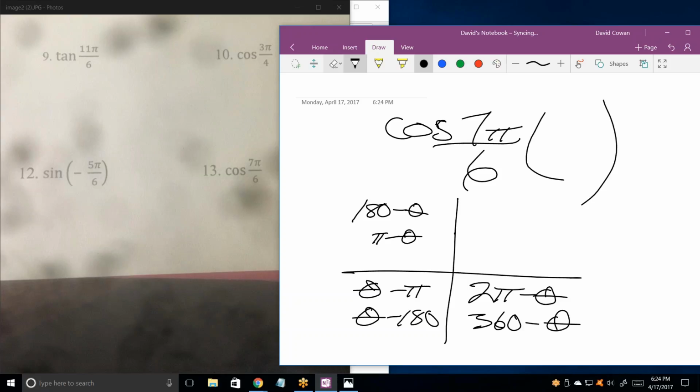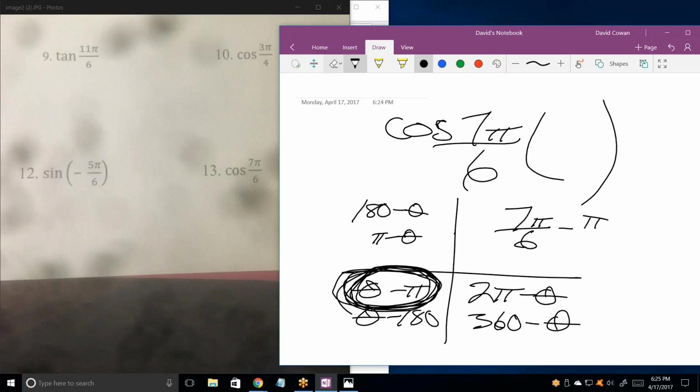So recognize that you're in the third quadrant. So in the third quadrant, do that one right there. 7 pi over 6 minus pi is what? I'm confused. Okay, here. 7 pi over 6 minus pi.